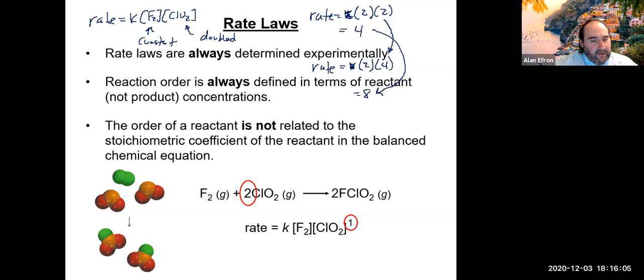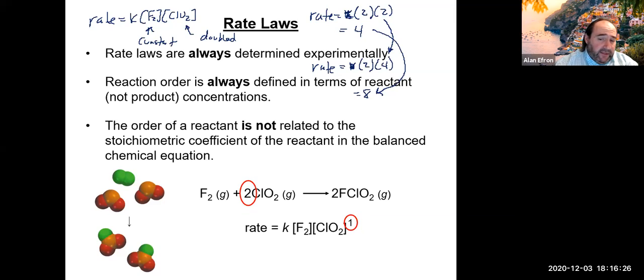So that's what a rate law can help you figure out. If you adjust one of the concentrations by doubling it, tripling it, or cutting one in half, you could use it to figure out what the effect would be on the rate of that reaction. Any questions on that?